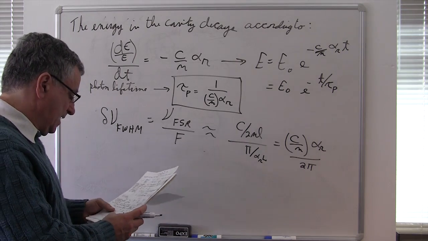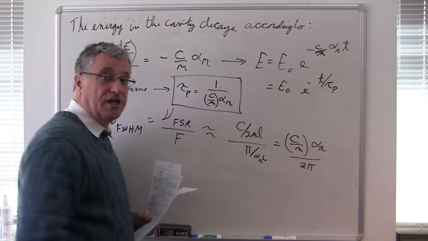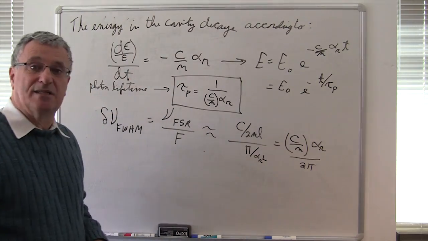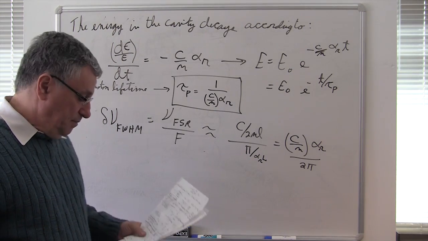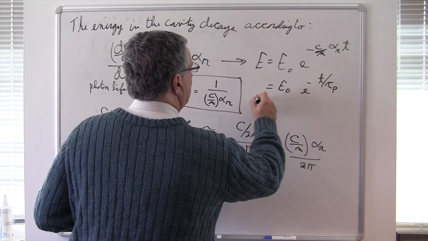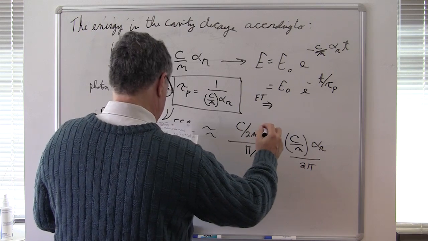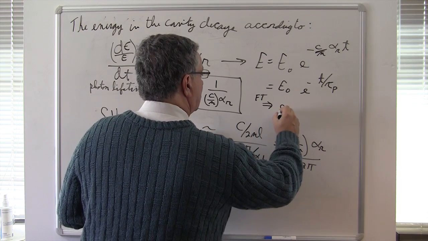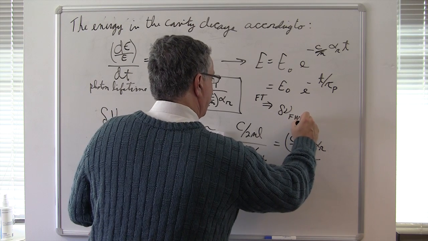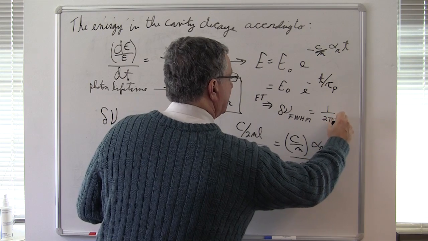Okay, now on the other hand, if you remember your Fourier analysis class, if you have something that decays exponentially like this, then it means that in the frequency domain, by doing the Fourier transform, this implies that the full width half max is given by 1 over 2 pi tau p.